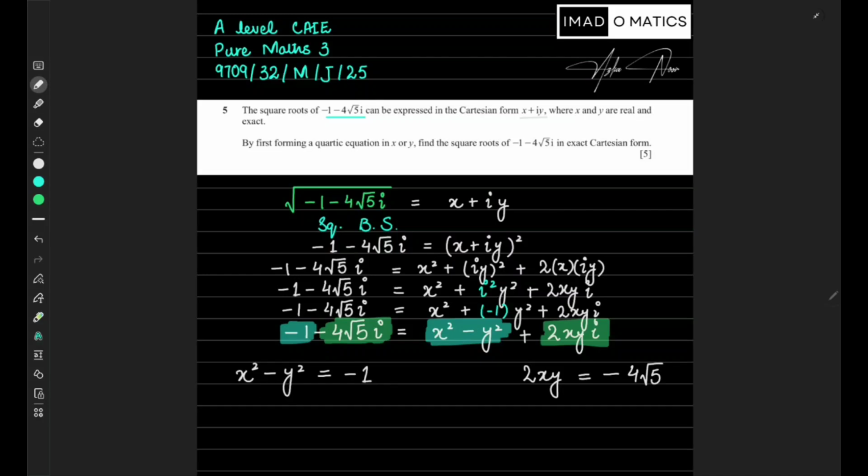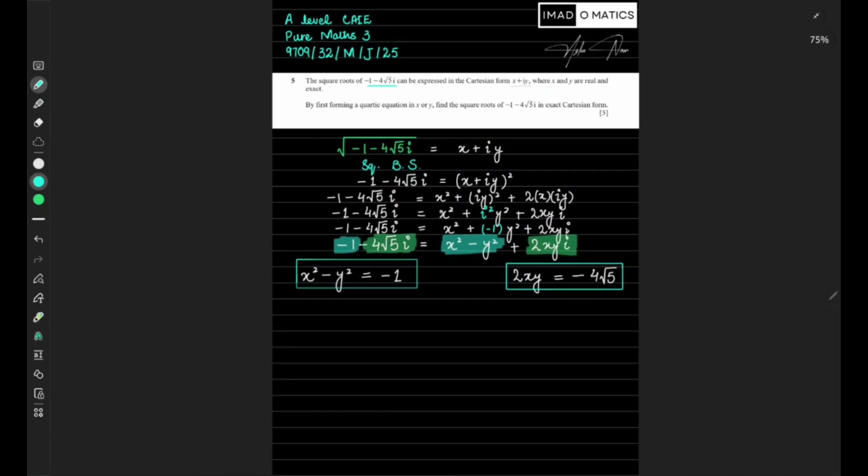Now these are the two simultaneous equations that you will be solving to get your required result, x and y.